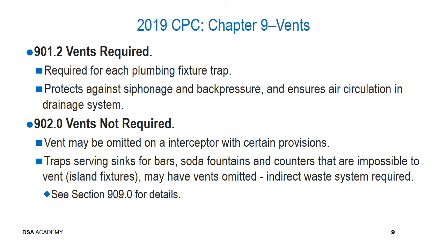Okay, now we're going to start discussing Chapter 9, which addresses venting. Vents are required for each plumbing fixture trap. It's a very important understanding to have, that the whole reason for vents is to make sure that all of the associated traps located within the building drainage system remain free flowing.